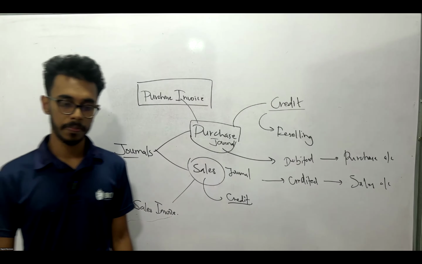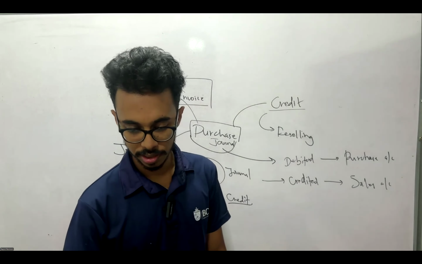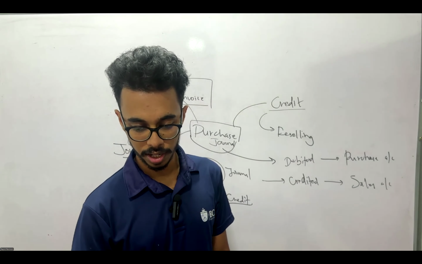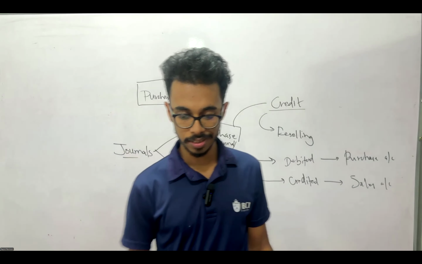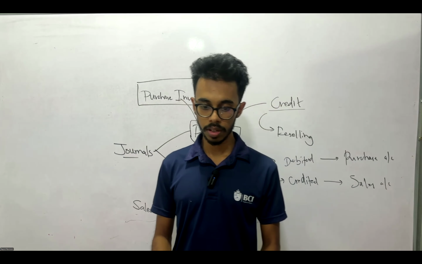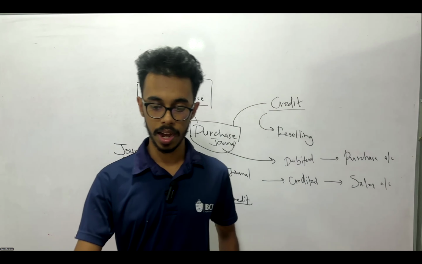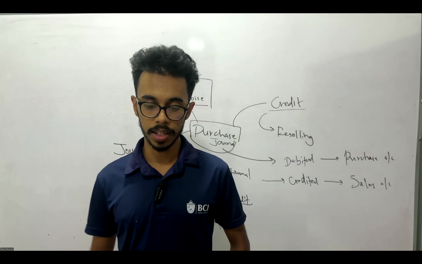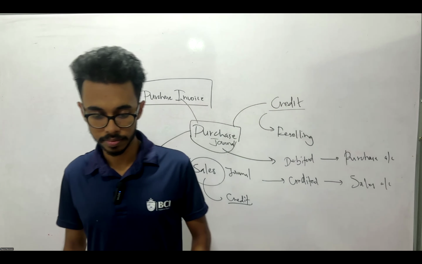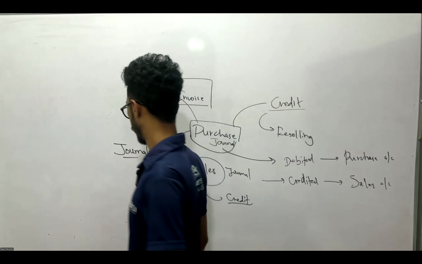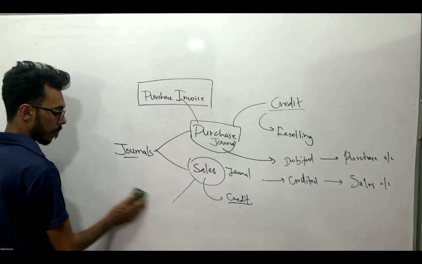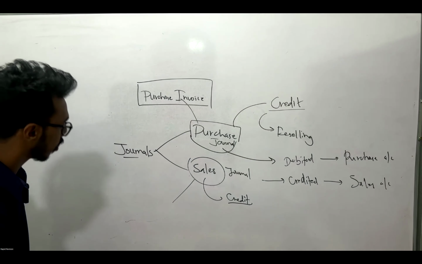I'll pick some sums. I selected some possible sums, starting from 2017. The following are the purchase journal and sales journal prepared by a business for the month of May 2017. In this sum they have given the purchase journal and the sales journal.